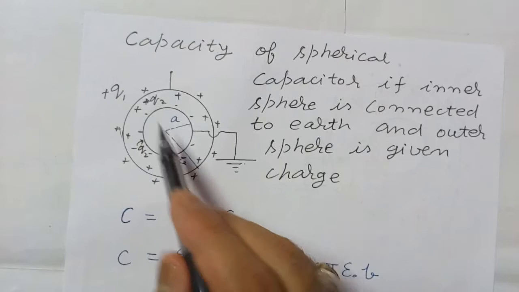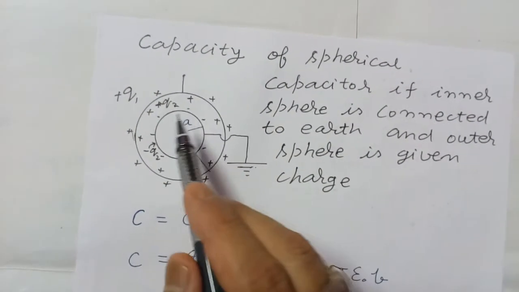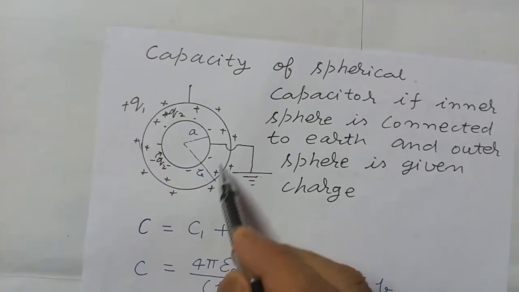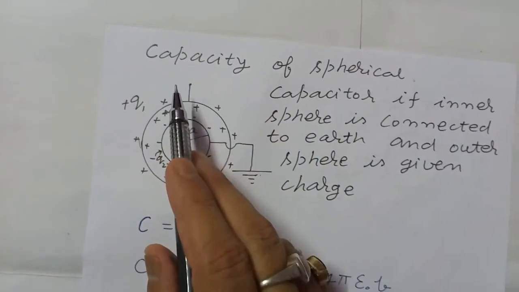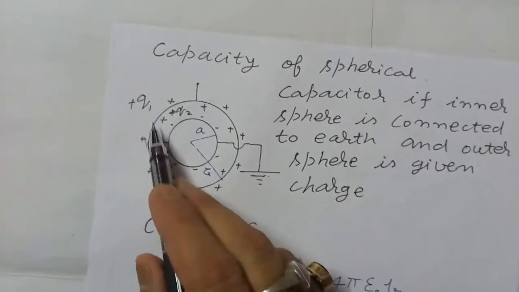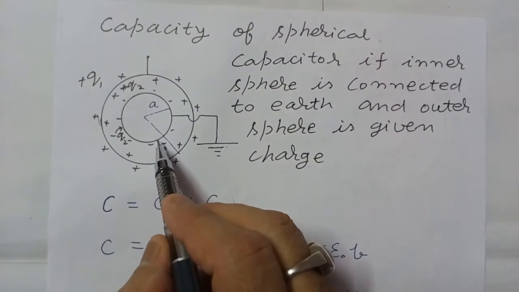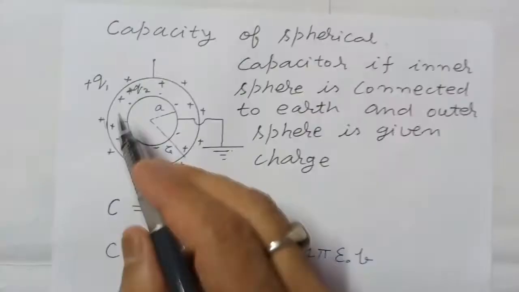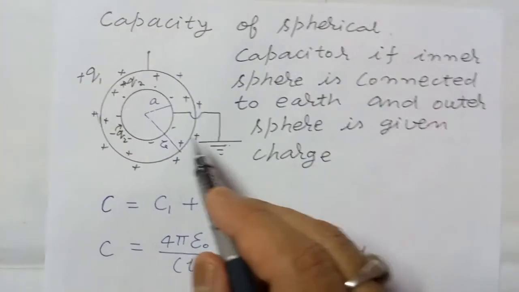So suppose there is minus q2 charge on this smaller sphere, so a plus q2 charge will be on the inner surface of the bigger sphere. So q charge will divide into two parts, one part q1 on the outer surface and q2 on the inner surface. Now there is an electric field in between this space and there is an electric field outside this bigger sphere.